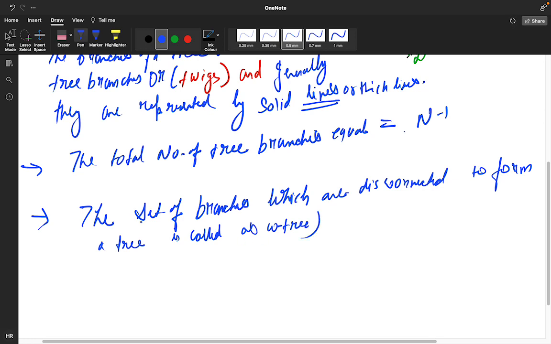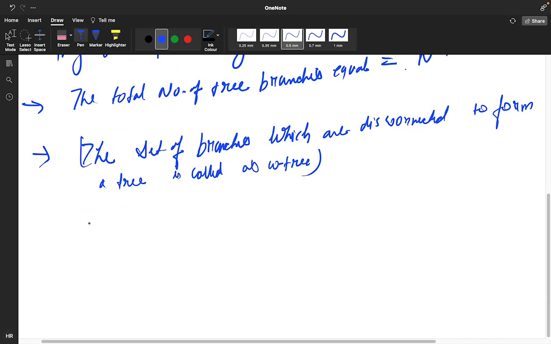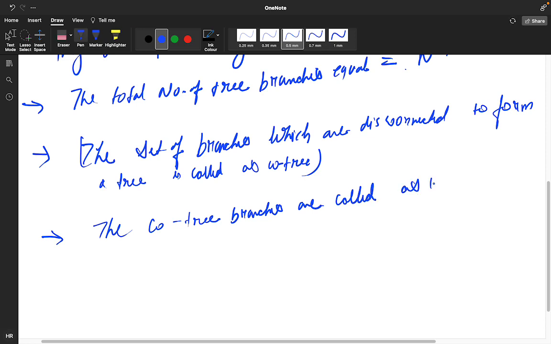So there will be a question, how can we describe the co-tree? The co-tree branches are known as links. Remember this statement, co-tree branches are called links.